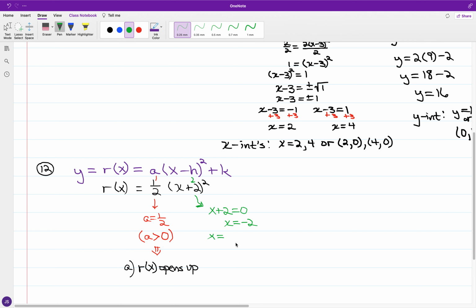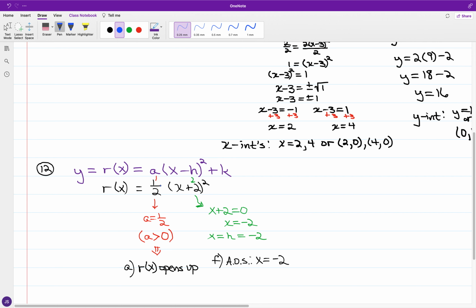And again, your h value is the resulting x value. So h and x, again, one and the same, and we'll have the value -2. And so for the axis of symmetry, we have x is equal to -2.